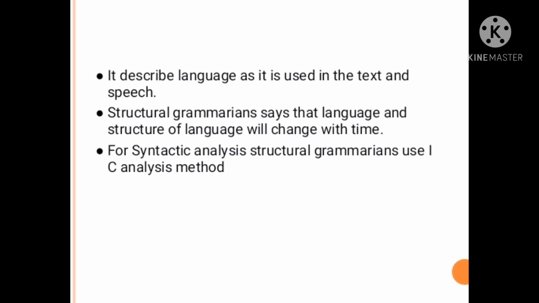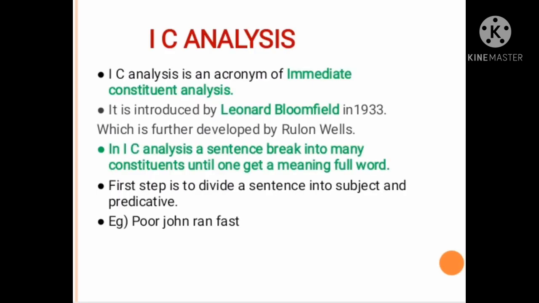In order to analyze the structure of a sentence, structuralists used the IC analysis method. The full form of IC analysis is immediate constituent analysis, and it was introduced by Leonard Bloomfield in 1933, and further developed by Rulon Wells.